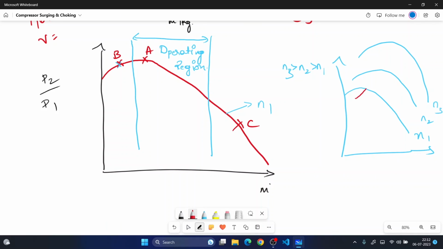I draw a point like this, and this is the best efficiency point. And this is the locus of all points for the surging. That is the point P, and this is the locus of all points which have the choking. So it has to be operated well within this limit.